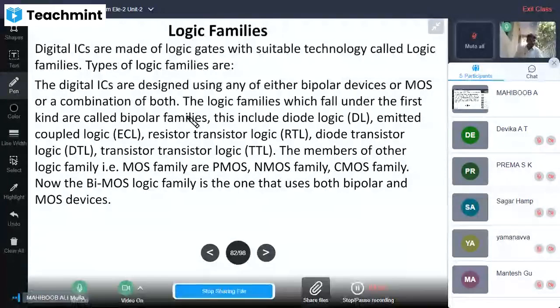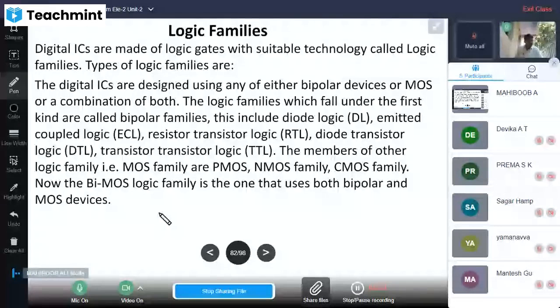So bipolar families consist of DL, diode logic, where only diodes are fabricated internally. Then ECL, emitter coupled logic, where emitters of the transistors are coupled in the logic gates. So that is why it is called ECL logic family.